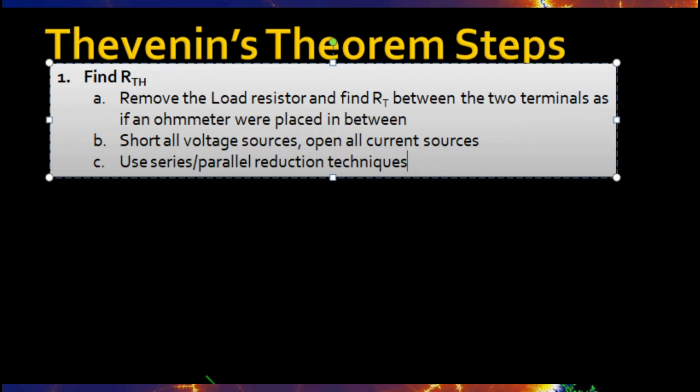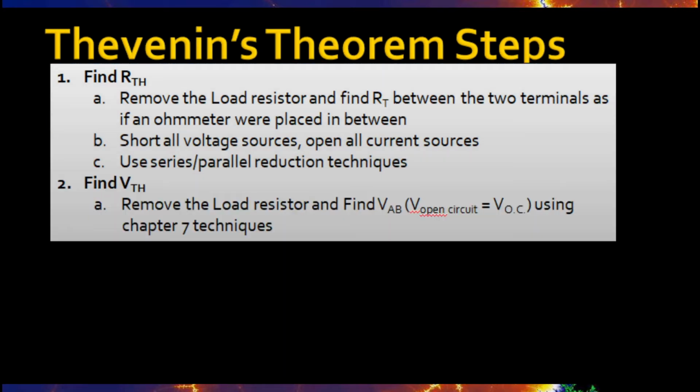Once you have RTH calculated, the next thing you're going to do is find VTH. So we go back to the original schematic, remove the load resistor again. So in both cases here, we're taking the load resistor out. And a lot of times you'll see me not even give the load resistor a value in the original schematic. I'll just call it R sub L, because it doesn't matter what the load resistor value is when we do this method.